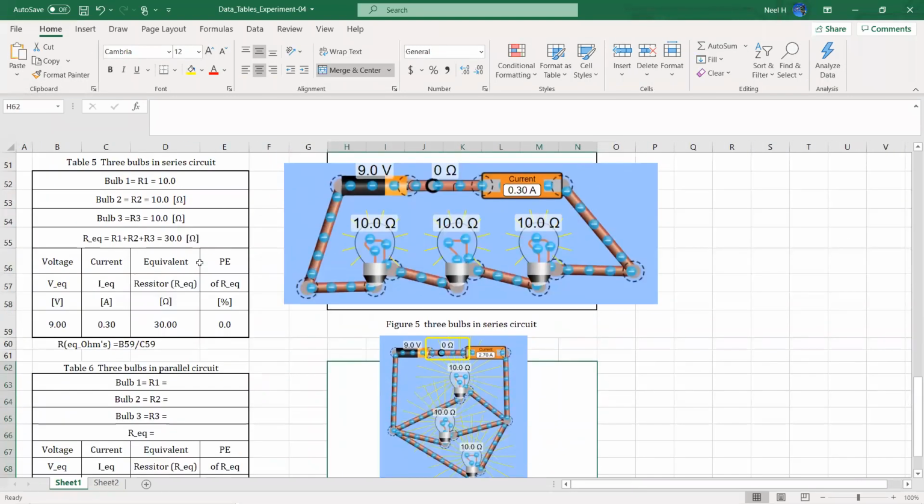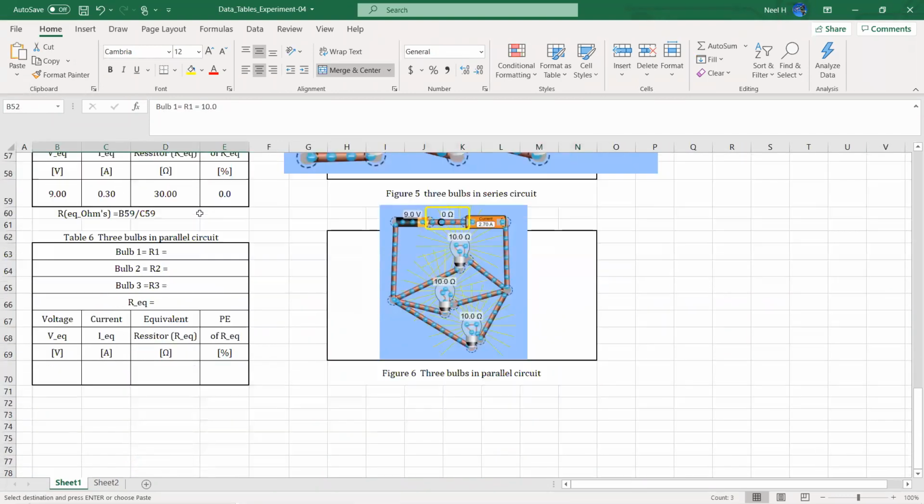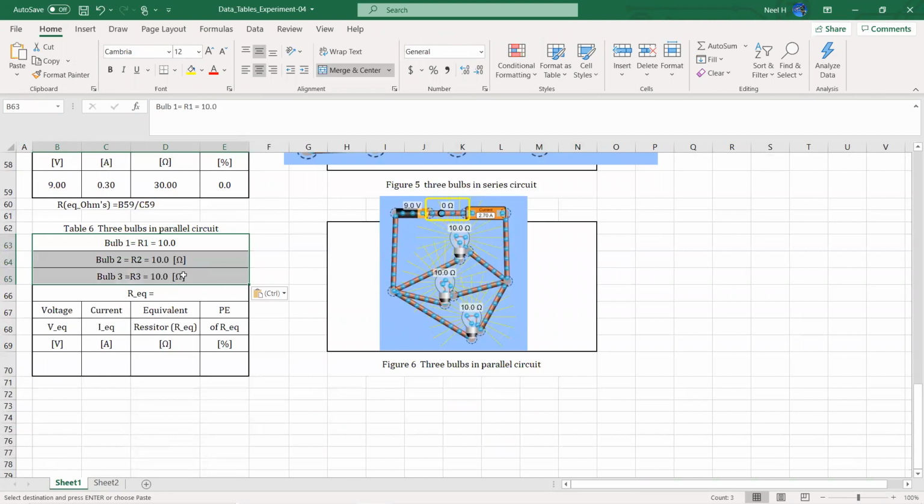The R1, R2, R3 values are exactly the same as earlier. Each light bulb is 10 ohms. However, now it is connected in parallel, so I have to do inverse addition, right? Let's do it right here.